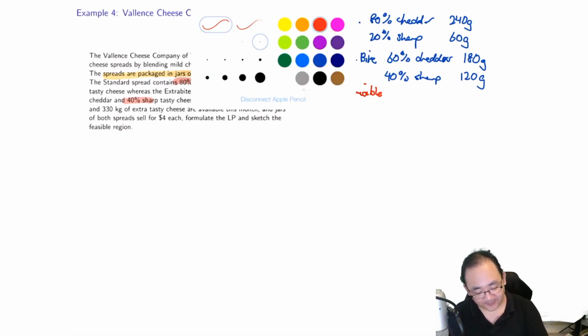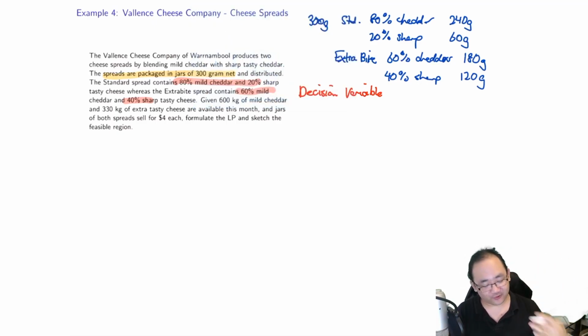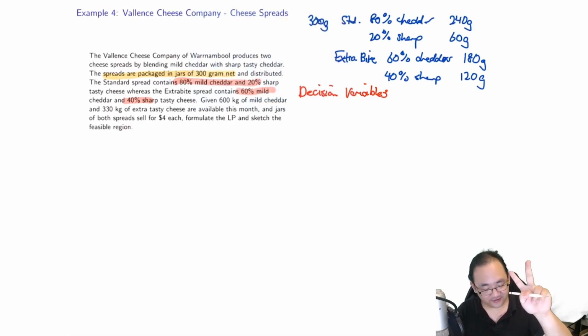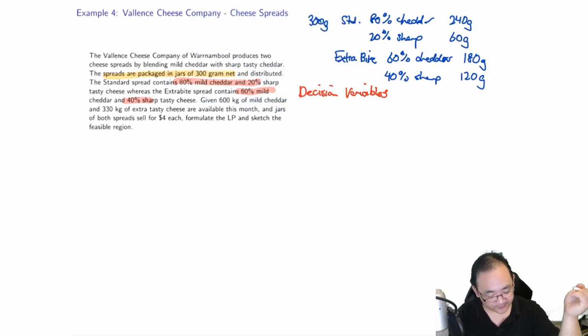I'm just doing this to be reasonably consistent with the order that I started with. So in this case, the decision variables should be S. We were making 2 products once again because it's a 2 variable LP, and in this case we're making jars of spreads. So we've got standard and Extrabite.